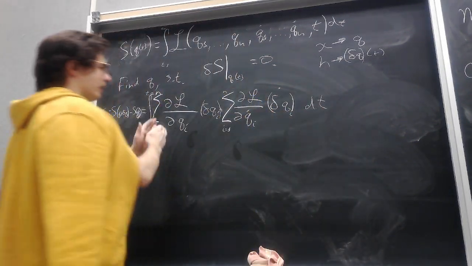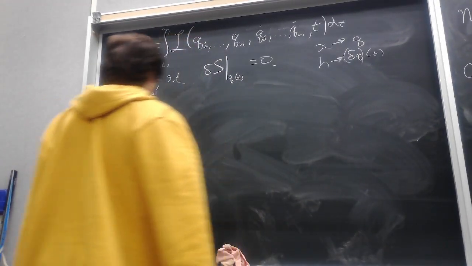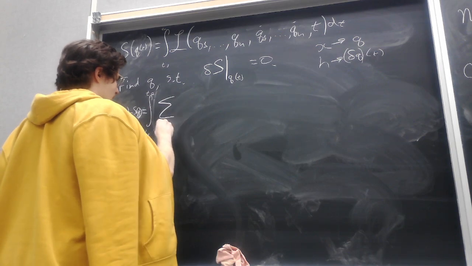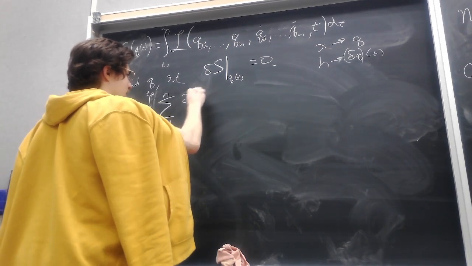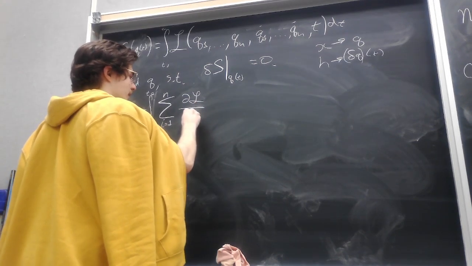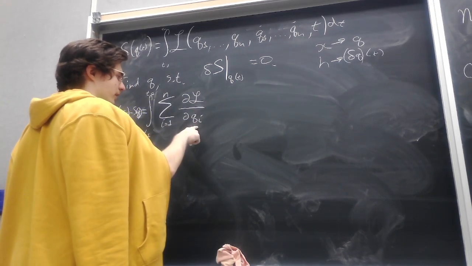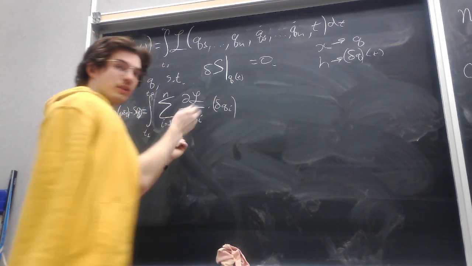Sorry, is my writing here clear? Let me rewrite this again, this looks ugly. I vary everything in each entry a little bit. So I take the function L, I vary it in the ith entry, and then I multiply it by how much my entry differs a little bit.